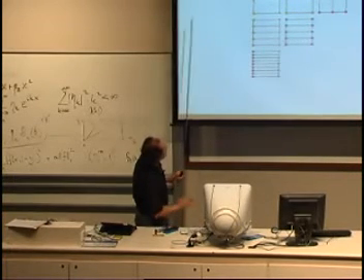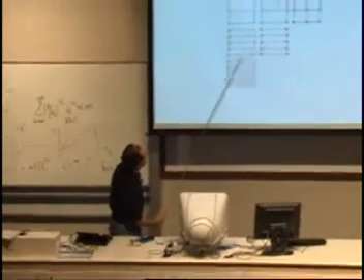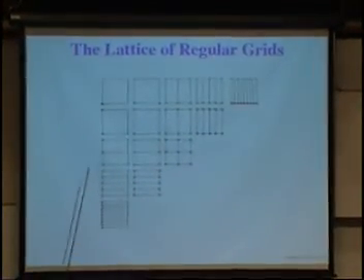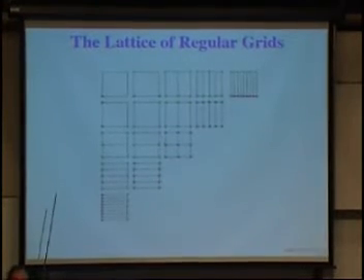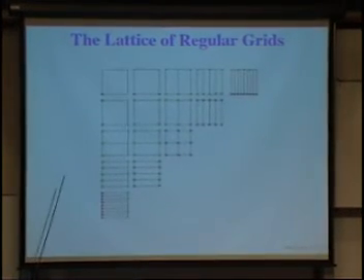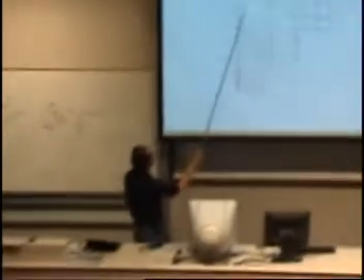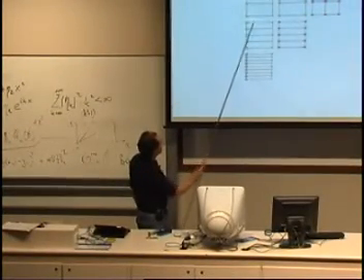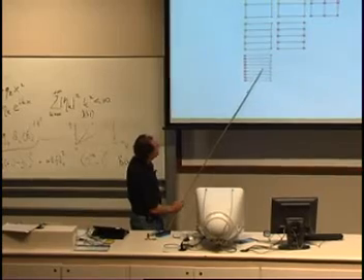So here are our regular grids. So here is the whole lattice. You can see that these regular grids we look at form a lattice. So if we go down here, this grid is a subset of this, and this here is a subset of this, and a subset of this, and so on, right?